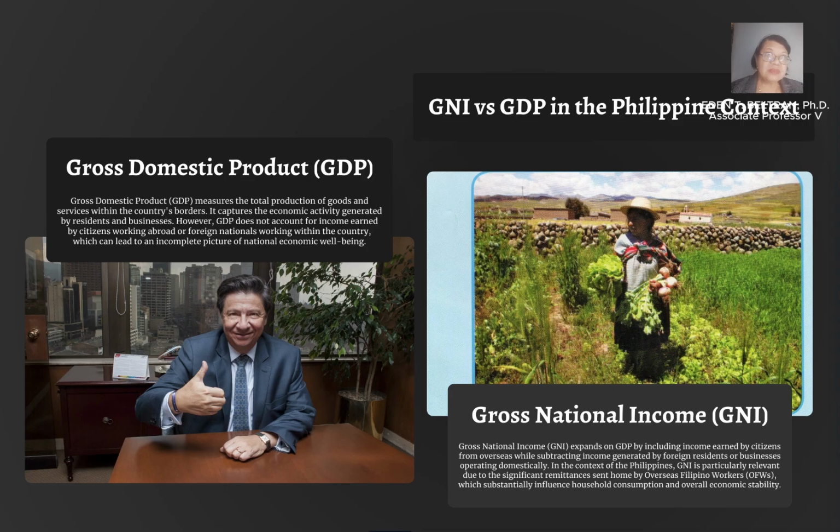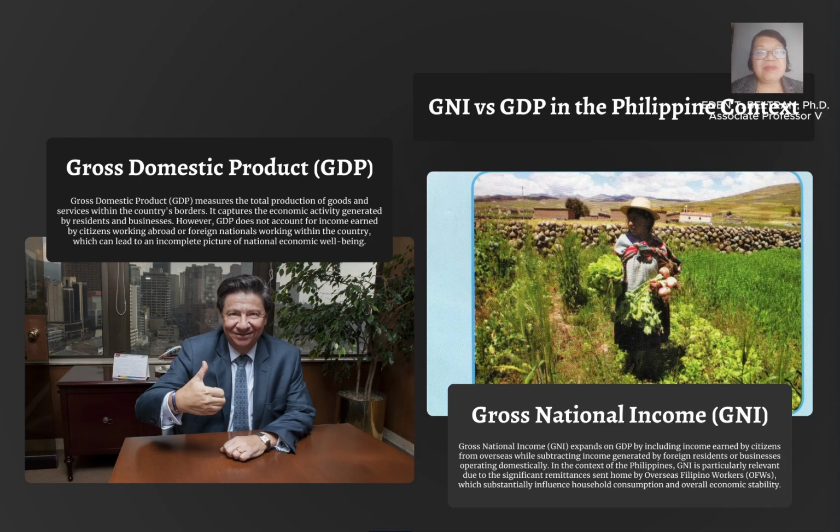But of course, reliance on remittances also gives rise to governance issues like brain drain, wherein instead of the Philippines benefiting from the services and the intelligence of the Filipinos, they are being used in the economies of other countries because they have to work abroad.